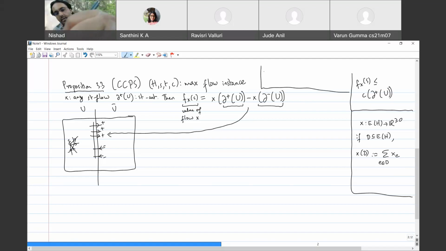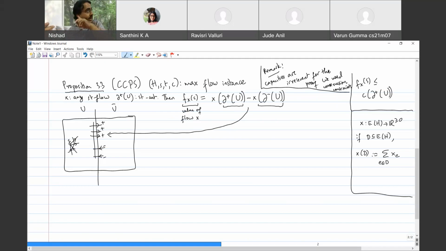So the capacities are irrelevant for the proof. We need the conservation constraints.